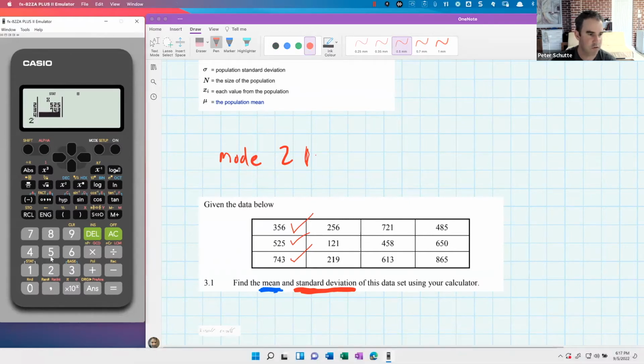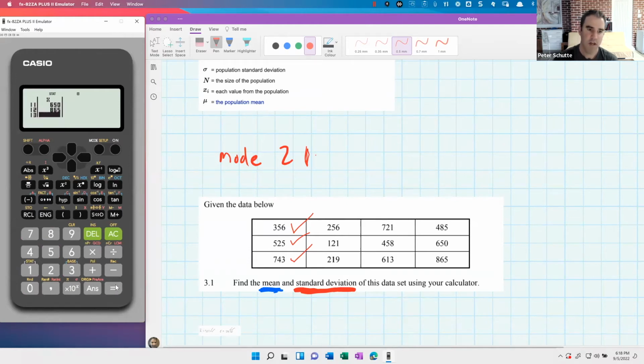So 256, 2, 1, 2, 1, 9. Just be careful you don't make a silly mistake. Then 4, 8, 6, 1, 3, 4, 8, 5, 8, 6, 5 equals.